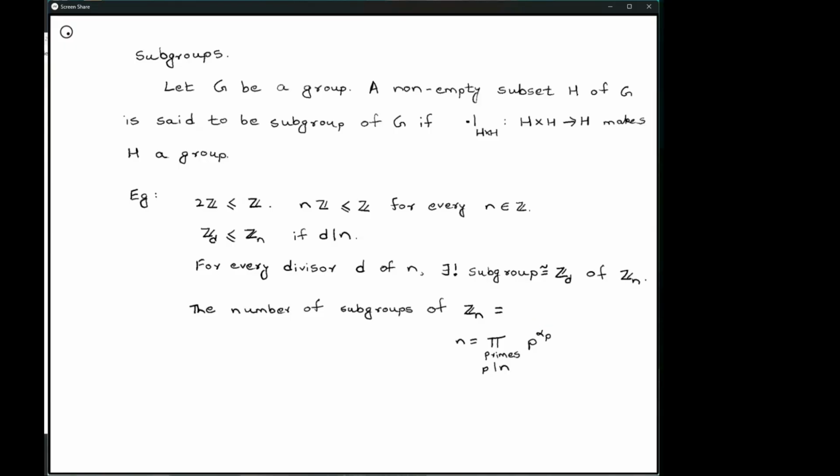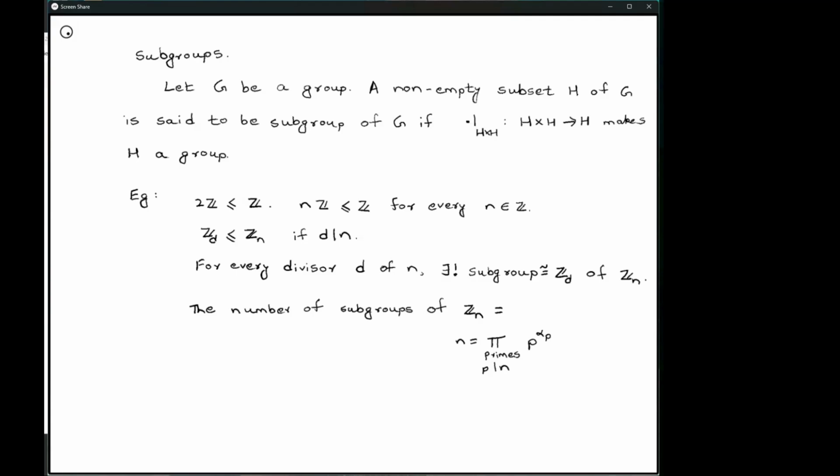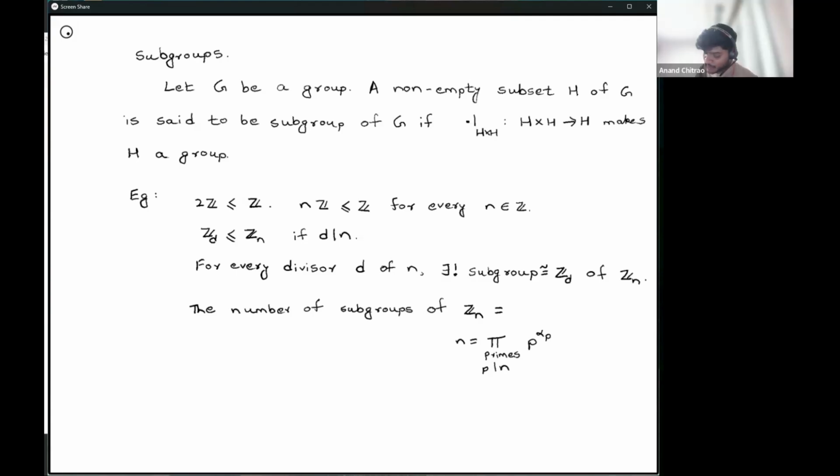Then we add 1 to the power alpha p, so alpha p plus 1, and take the product. So the number of subgroups is equal to the product over primes p dividing n of alpha p plus 1. Is this clear?